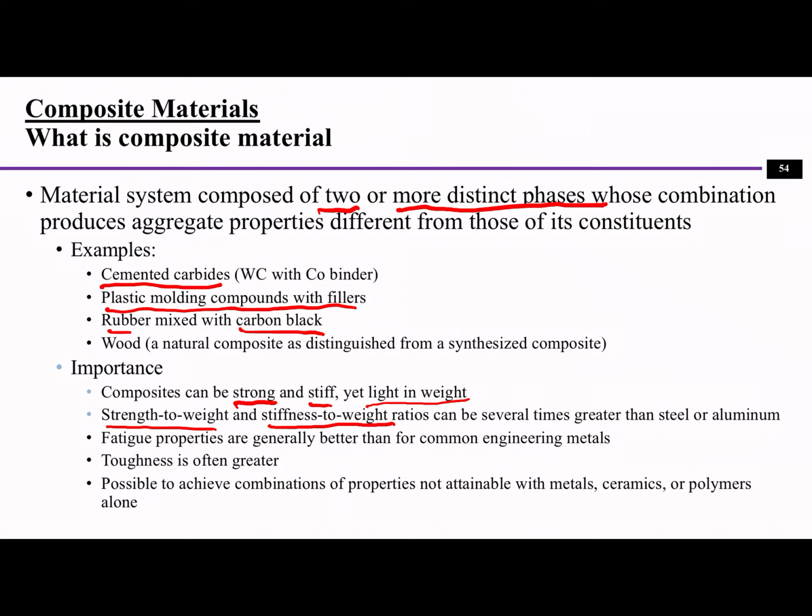Sometimes we probably don't want to use all metals. Maybe you can mix some metal with some plastics, to create something that is both high strength and a little bit light. So this is why composite materials are created by combining the strengths of all the constituents.